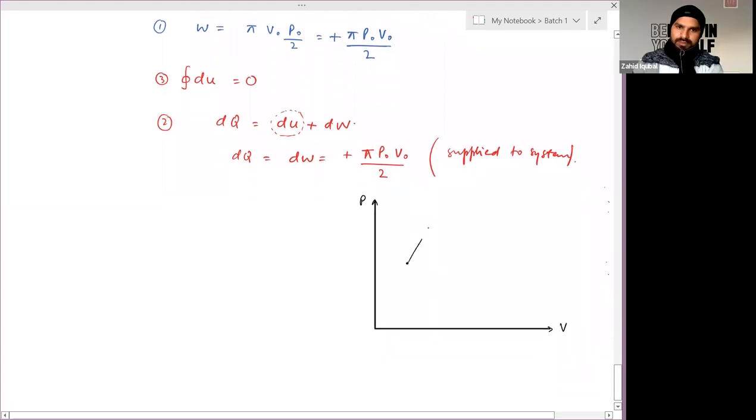Now suppose from A to B and then C. Gas is going first along this way, then along this way. A to D and then to C. So for both these two paths, we have same initial and final point.